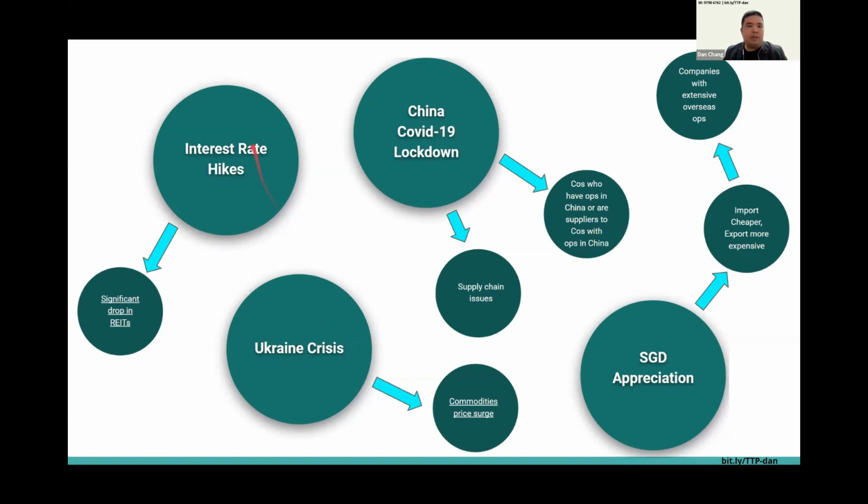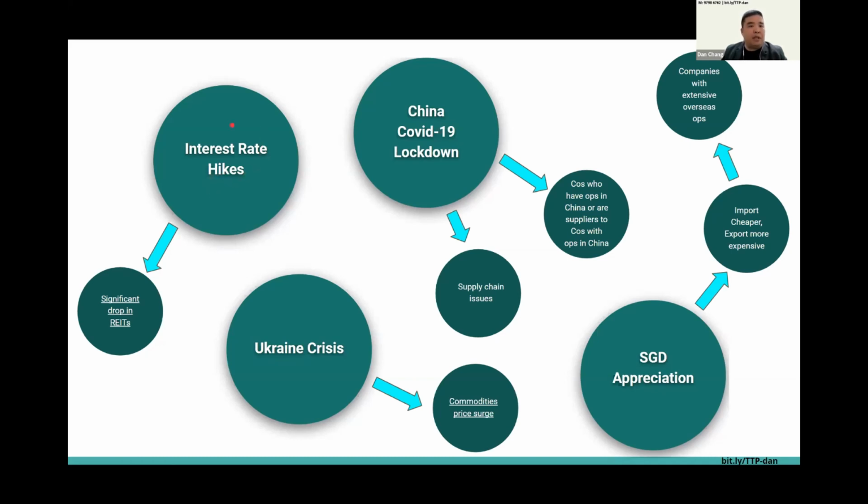The second event is the interest rate hike. As most of you might have known, the interest rate hike in the US affected most of the tech companies, like Apple, Microsoft, Facebook, Netflix.